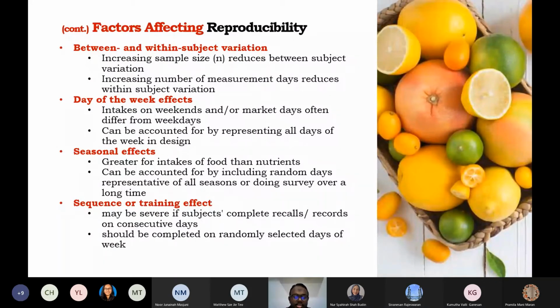If they just finish the first recall on Monday, and then on Tuesday you already want to do the second recall, there will be some training effect because they can already recall, or they already know how to report certain things in the form. It should be completed on randomly selected days of a week, so that sequence or training effects can be reduced when doing reproducibility.